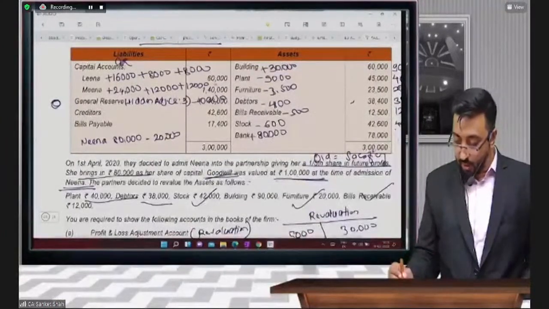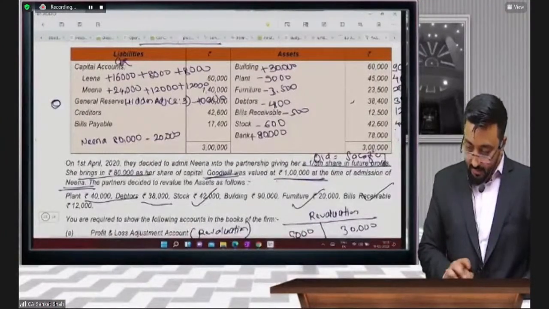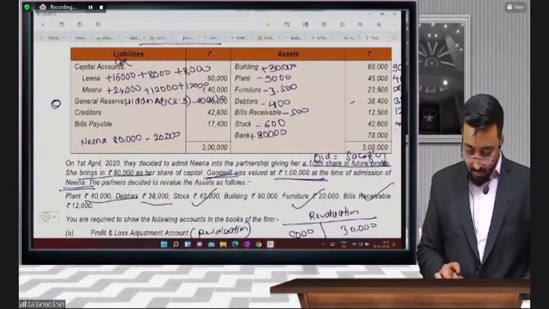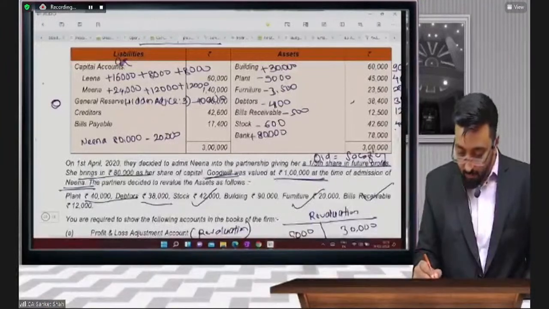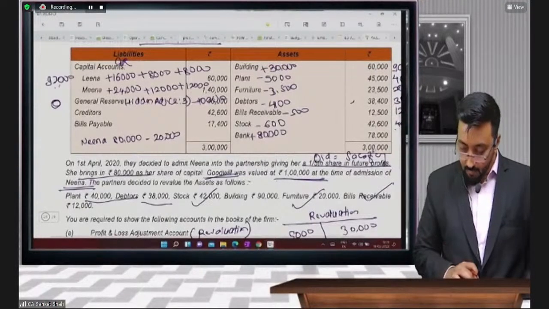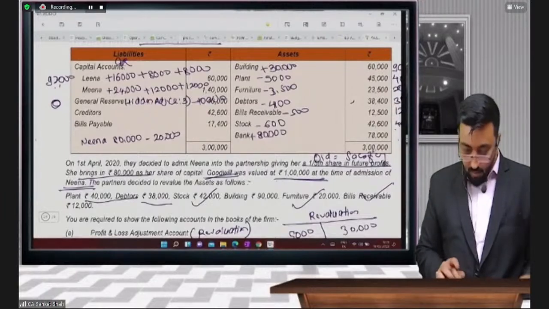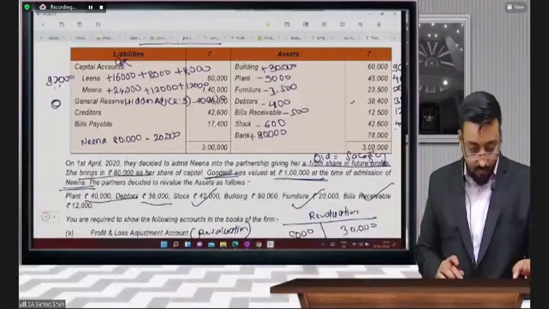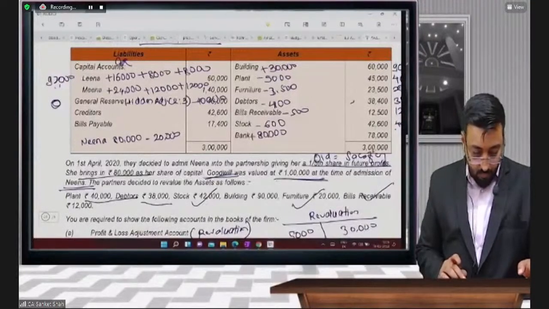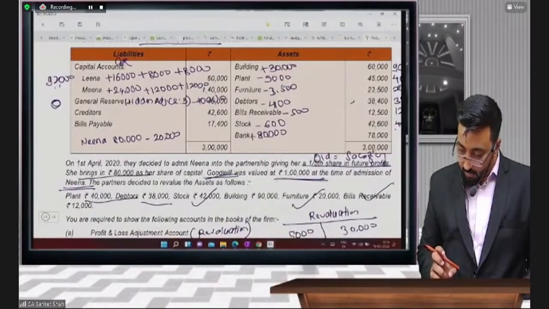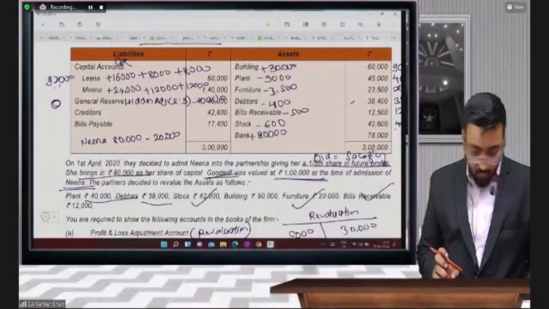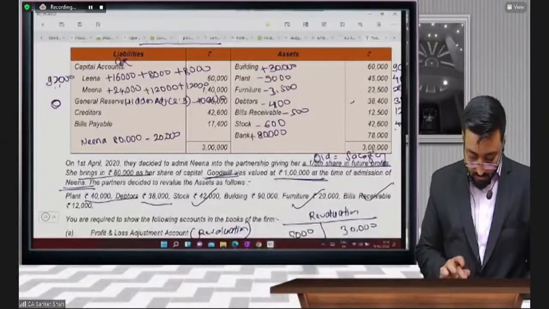So now calculate Lina: 60 plus 16 plus 8 plus 8, 92,000. Meena 140. 60 plus 16 plus 8 plus 8.